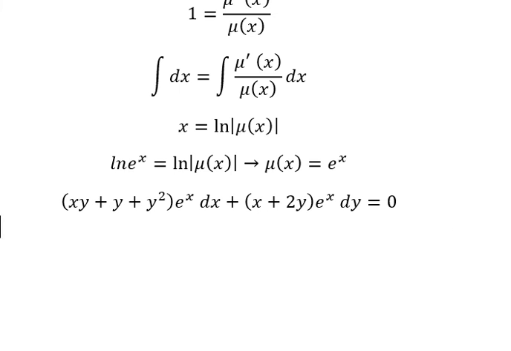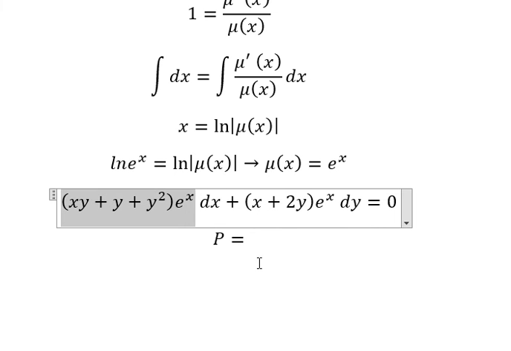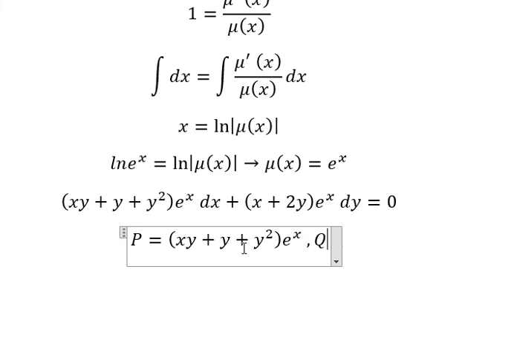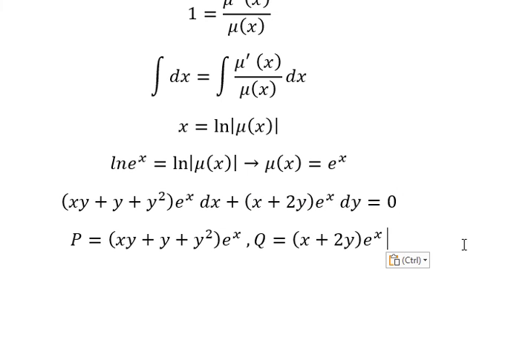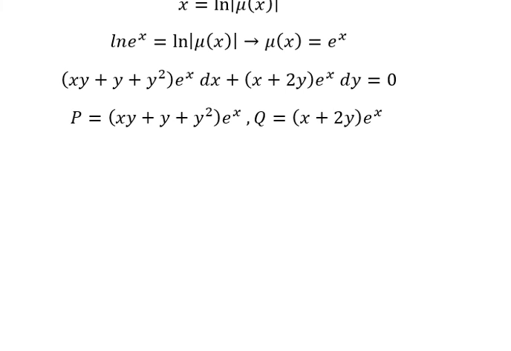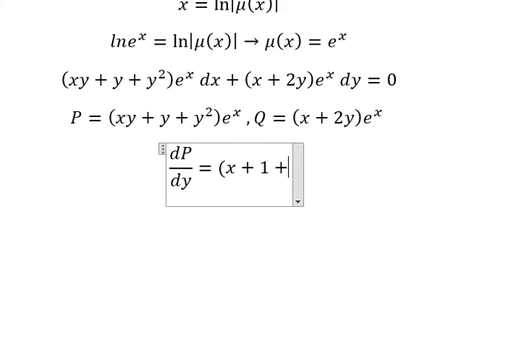So I will put b equals to this one and q equals to this one. So we need to put db over dy. So we have like this.